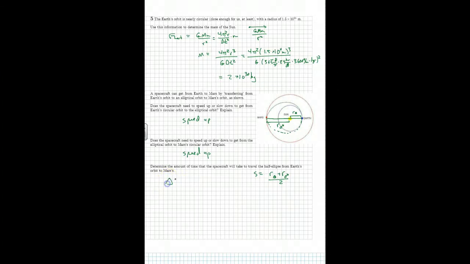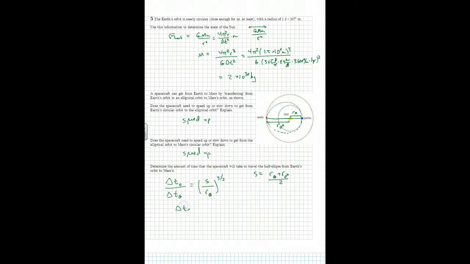So what I know is that Δt for my elliptical orbit divided by Δt of my Earth orbit, since they're both orbiting the Sun, I can compare them using Kepler's third law. It is the radius of the ellipse, which would be the semi-major axis of the ellipse, divided by the radius of the Earth orbit, which is the semi-major axis of the Earth's orbit because it's just a circle, to the 3/2 power.